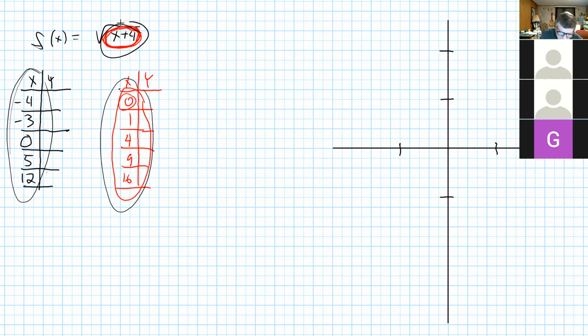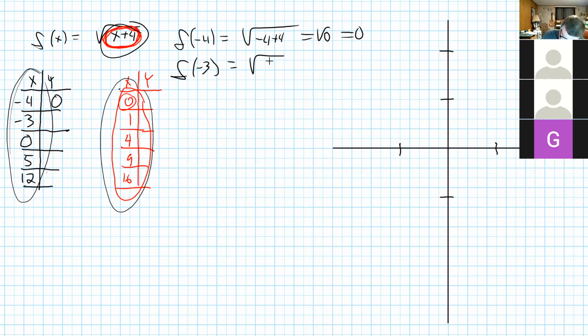Yes. So f of -4 equals the square root of -4 plus 4, which is the square root of 0, which is 0. Nice. F of -3 equals the square root of -3 plus 4, which is the square root of 1, which is 1. Nice. F of 0 is the square root of 0 plus 4, which is the square root of 4, which is 2.